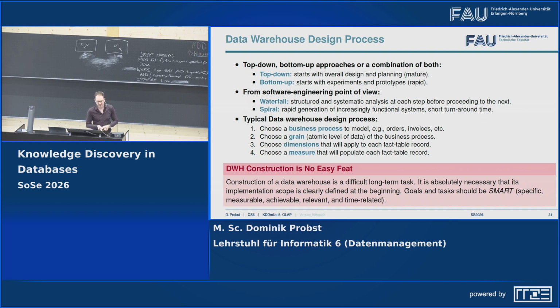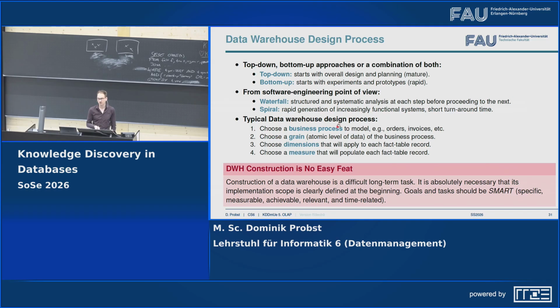Typically, in the data warehouse design we first think about the reason, the use case we build the data warehouse around. A data warehouse, reminder from last week, is subject-oriented, so we have to have a subject for the data warehouse, and that can be derived from the business process.